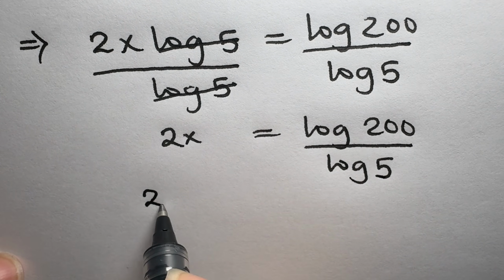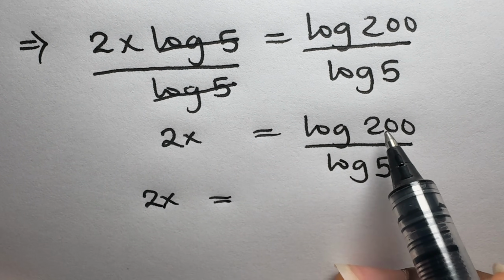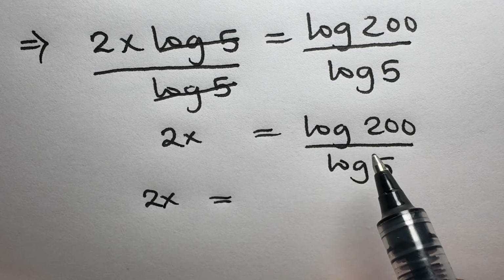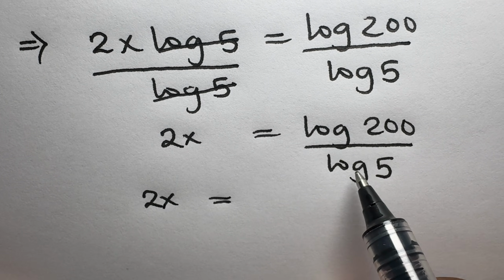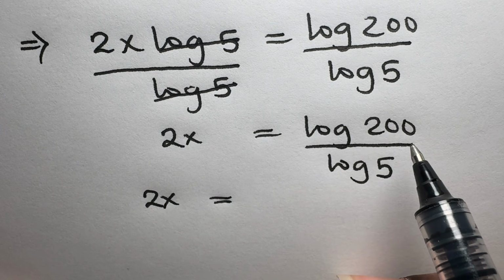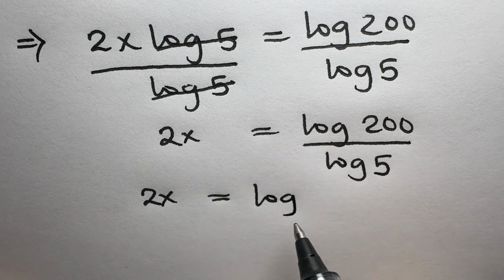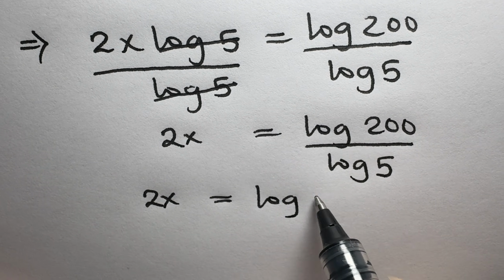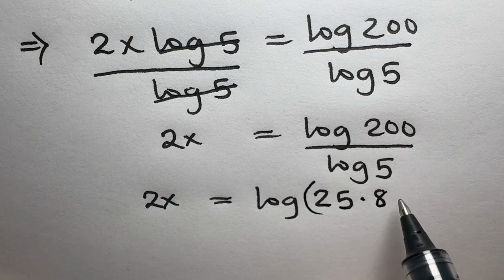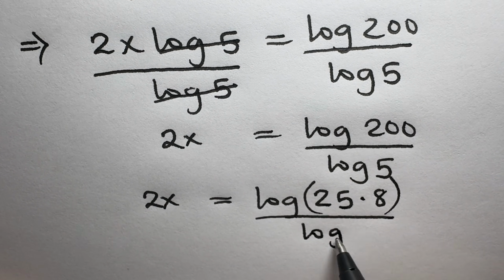Here, we can break 200 down in so many ways. I can say 2 times 100, or I can say 25 times 8. So let's do that. So 25 times 8 divided by log 5.